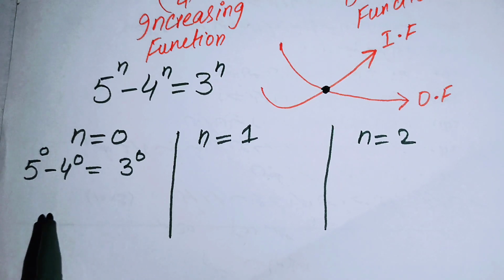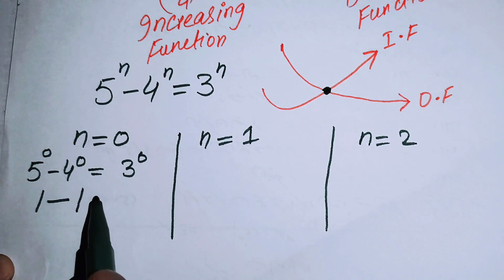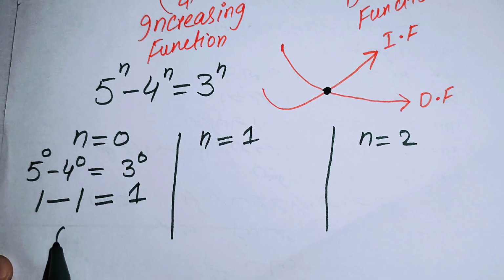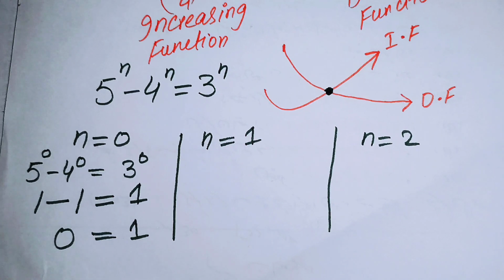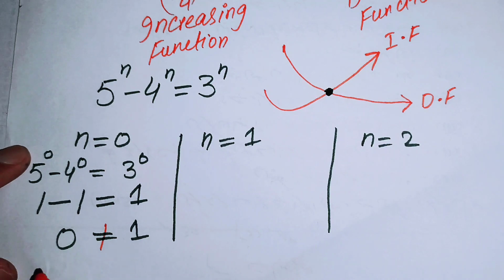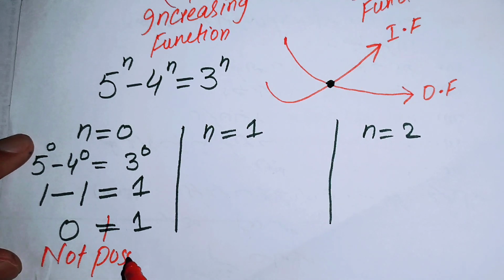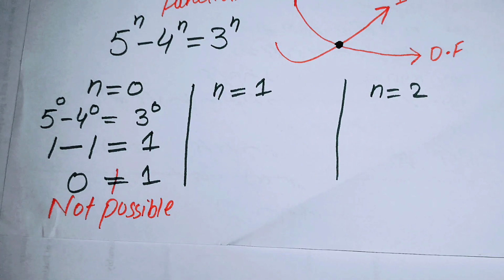Here 5 to the power of 0 is 1, minus 4 to the power of 0 is 1, is equal to 3 to the power of 0, which is 1. So we have 0 is equal to 1, and we conclude that 0 is not equal to 1. So it is not possible, and we reject this case.